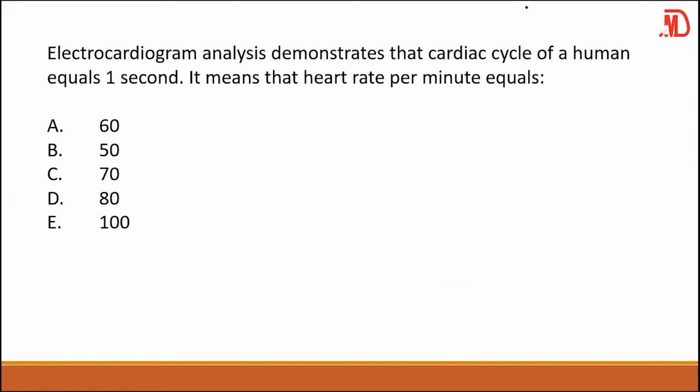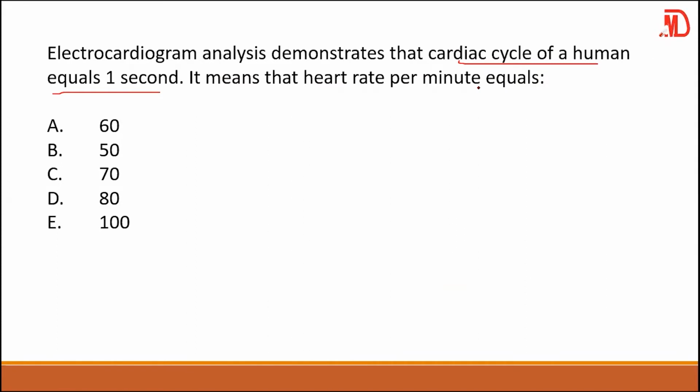Electrocardiogram analysis demonstrates the cardiac cycle of a human equals 1 second. It means the heart rate per minute equals what? Now, what is the normal heartbeat of a person?